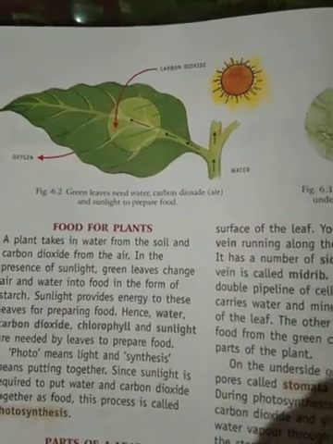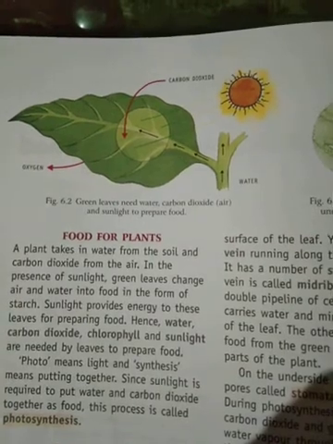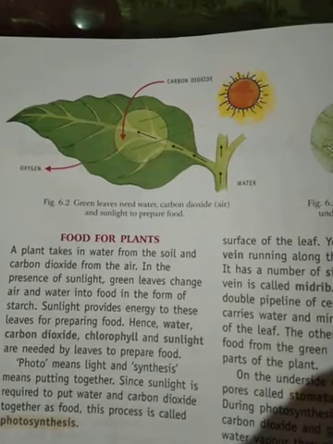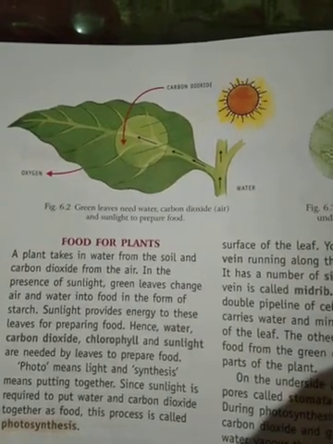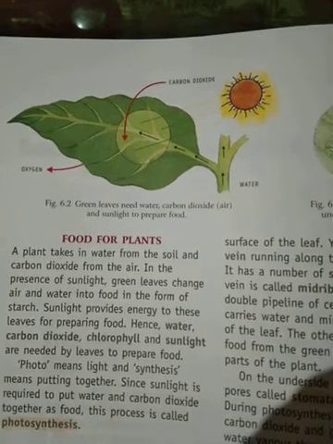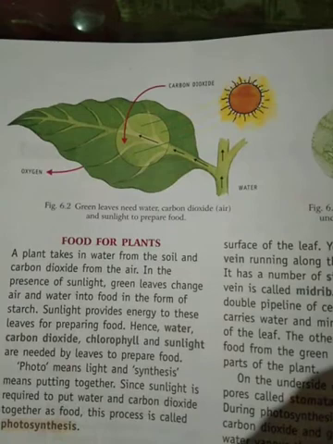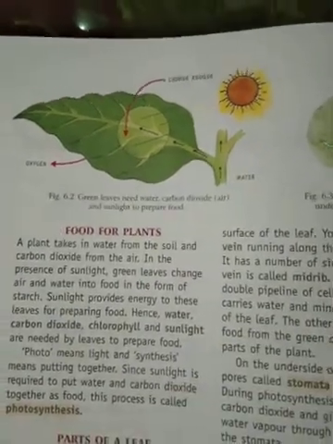Yes, the chlorophyll pigment is the main component in this case. Chlorophyll is used to trap the energy that has fallen on the surface of the leaf from the sunlight, that means the sun.